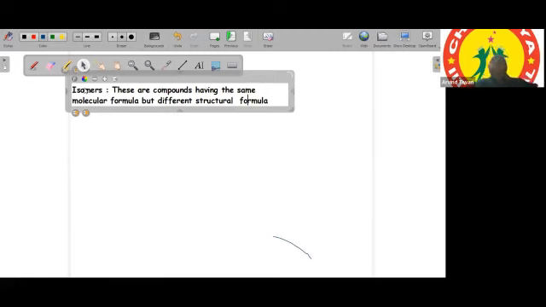So all such will be isomers. Not only position, some of them also show functional isomerism. But here you basically have to see structural isomerism, and that too only up to positional isomerism. So let's see some of the isomers that can be made.